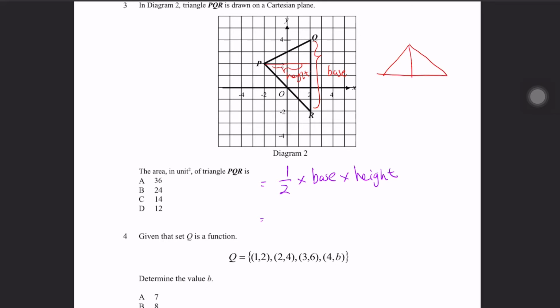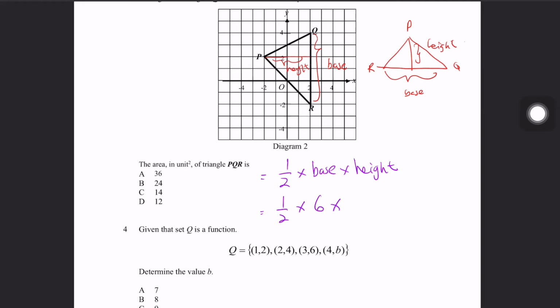Boleh awak bayangkan awak sengetkan segitiga tu, like this, PQR. So this is the base, this is the height. So we have 1 over 2 times base, how many units? 1, 2, 3, 4, 5, 6, times height. Height is 1, 2, 3, 4.